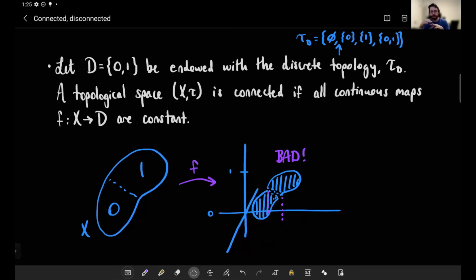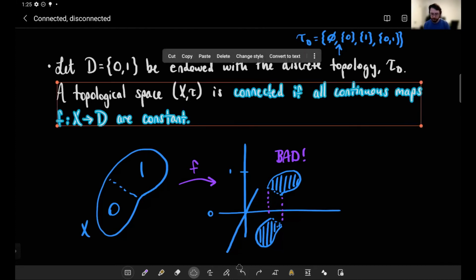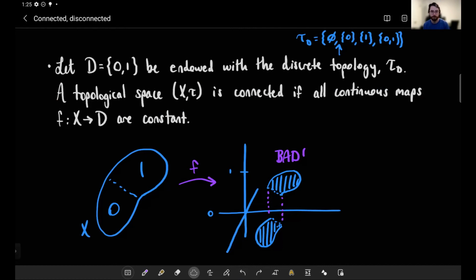So any continuous deformation of this can't break it apart. It has to sit in exactly one of those planes, either at 0 or 1. So that goes to say continuous implies constant for all maps to the discrete space if your domain is connected.